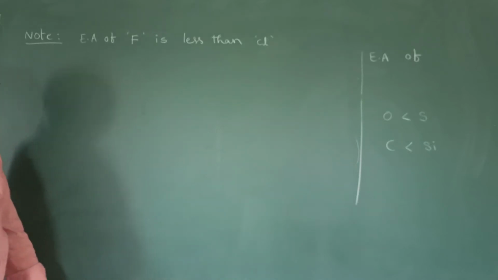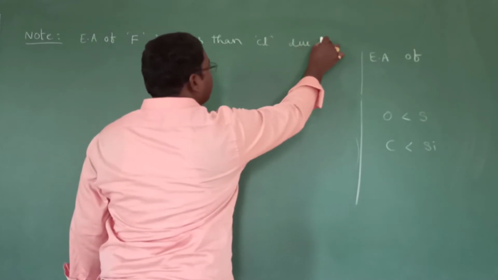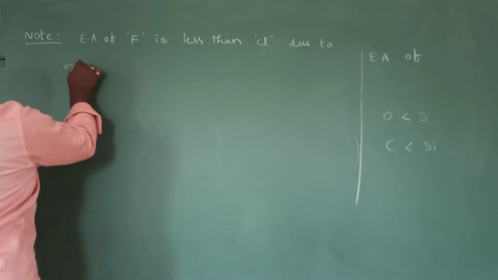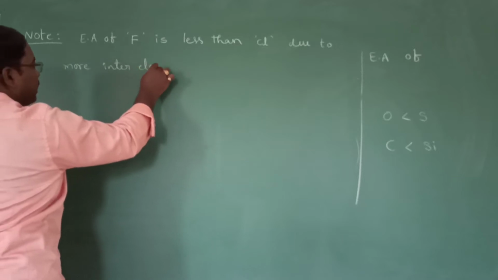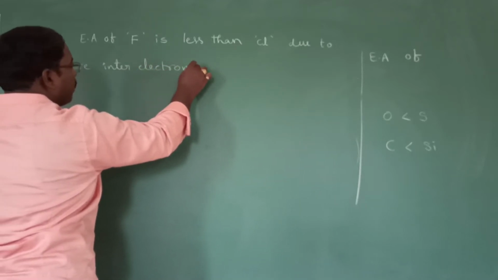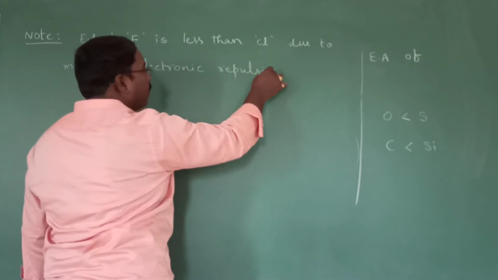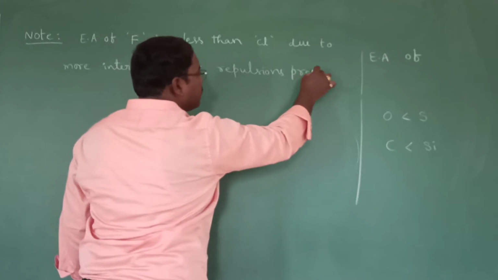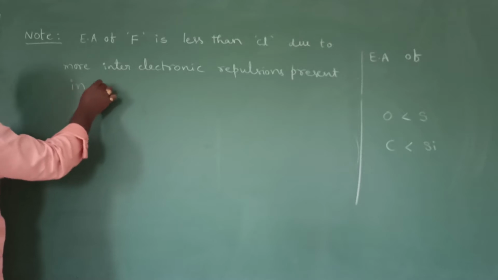Electron affinity value of fluorine is less than chlorine due to more inter-electronic repulsions present in fluorine.